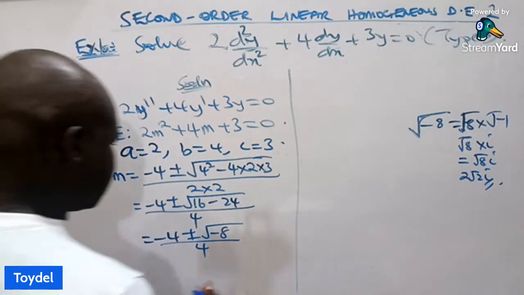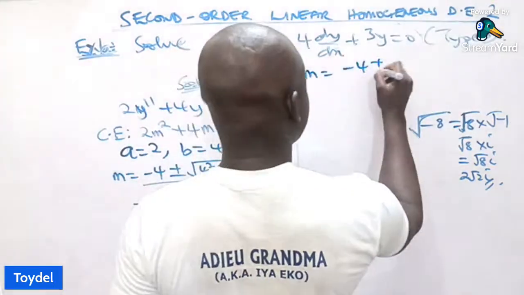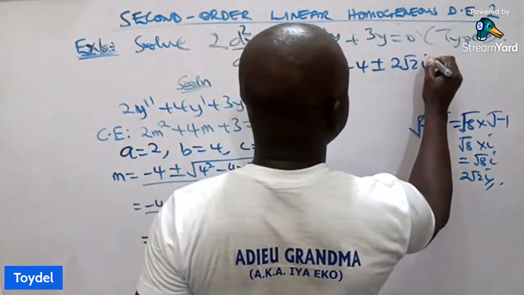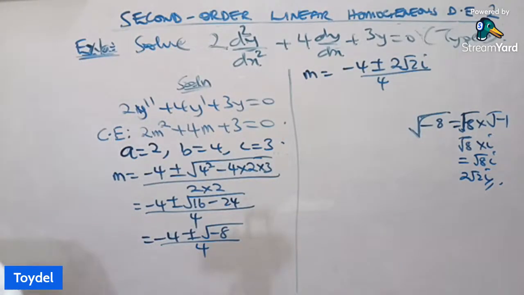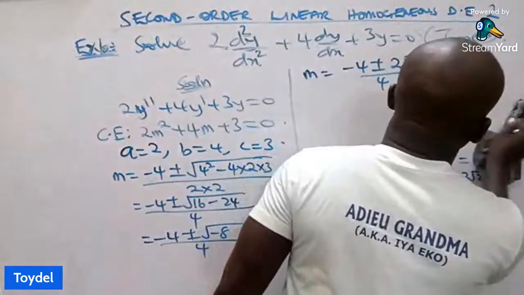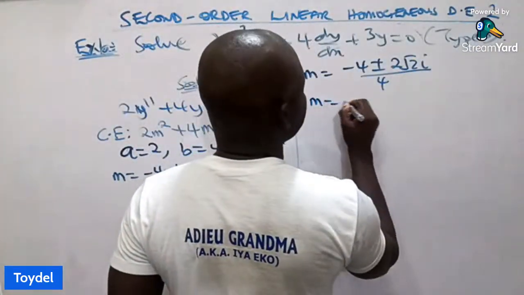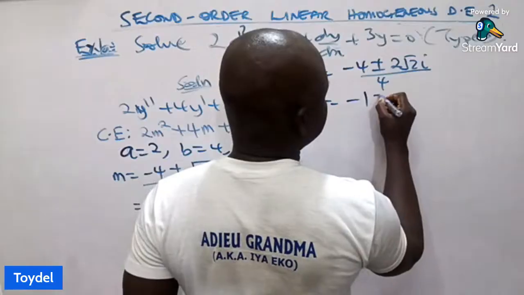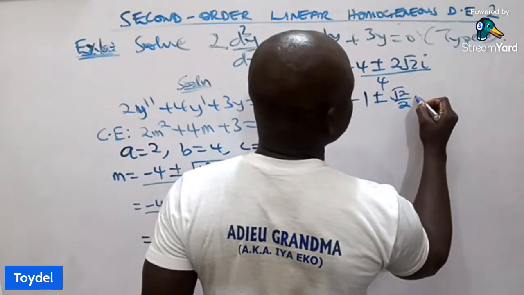That is, m is equal to minus 4 plus or minus 2 root 2 i, all over 4. If we divide through by 4, at the end of the day, we have m equal to -1 plus or minus square root of 2 over 2 i.